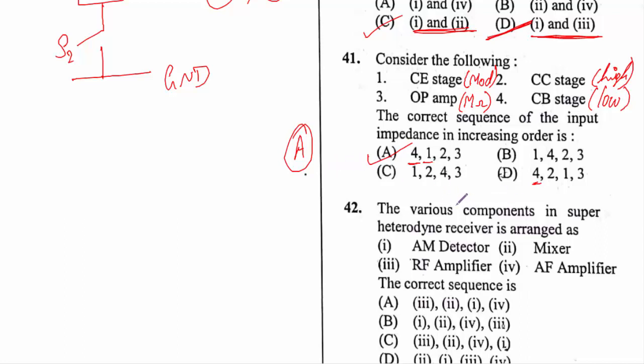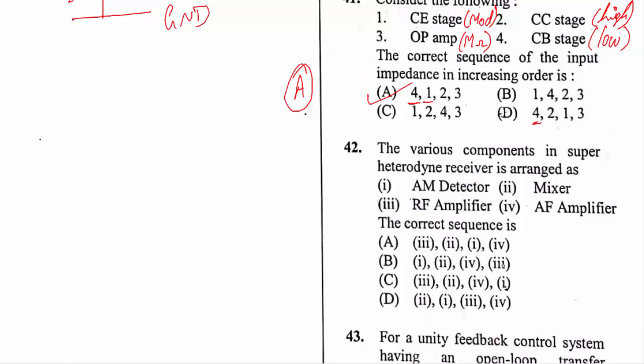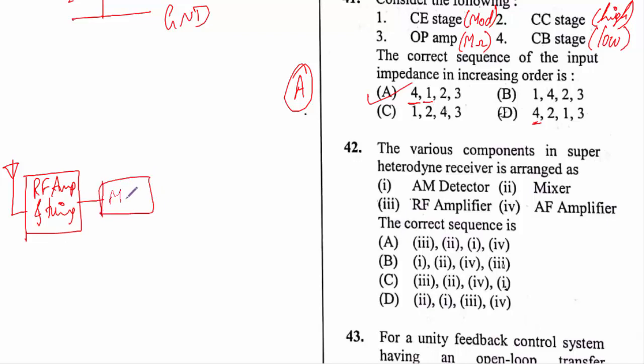42nd question what they have given is, the various components in a superheterodyne receiver are arranged as. We know that in the case of superheterodyne receiver, the first block will be your antenna, followed by RF tuning and amplifier, nothing but RF amplifier and tuning, followed by a mixer.